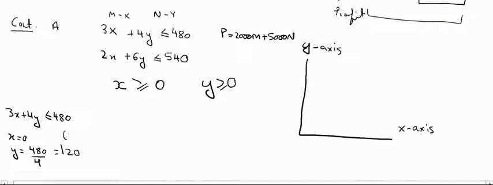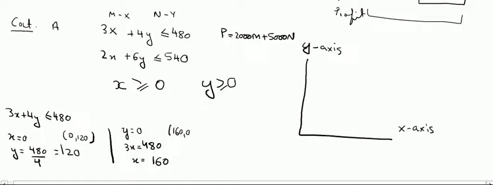So one of our points will be 0, 120. Second point, if we put y equal to 0, 3x will be equal to 480 and x will be 480 divided by 3, which is equivalent to 160. So our point will be 160, 0.